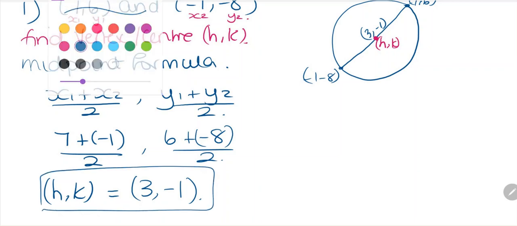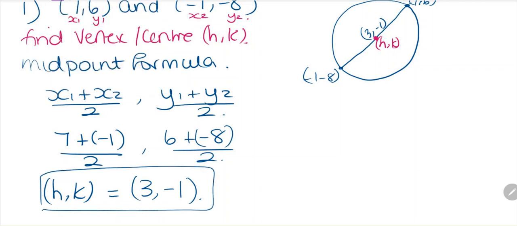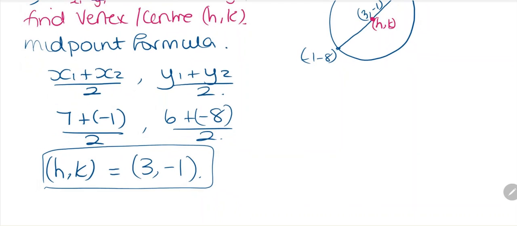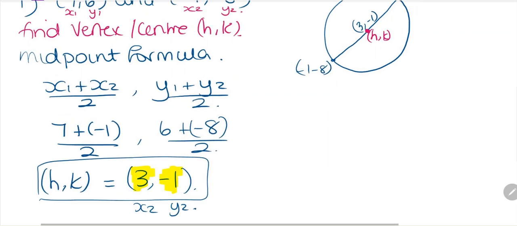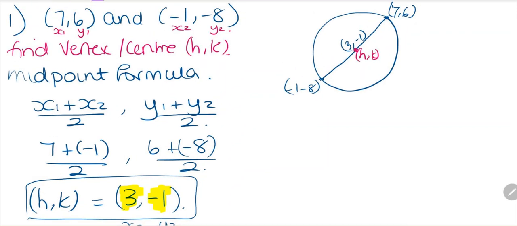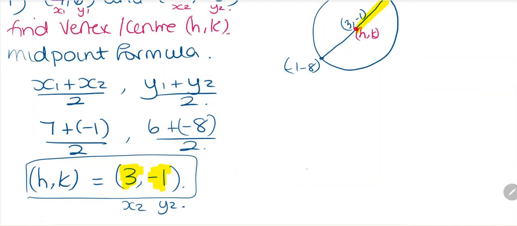So we can say that the coordinate is 3, minus 1 for the center. Now the second thing we need to do, so that's the first part. I'm just going to highlight these. So these are going to become our x2 and y2 values. Now we need to find the length of this radius, from the center to our end point at 7, 6. So our x1 value is 7 and our y1 value is 6.